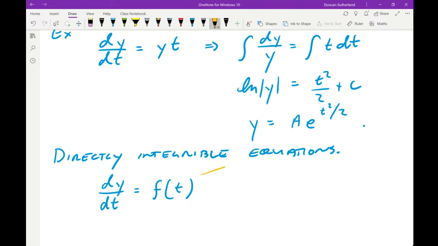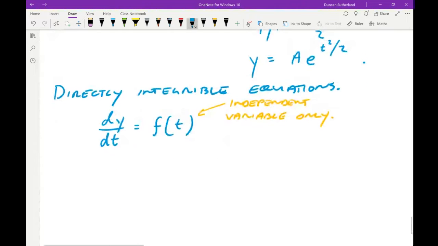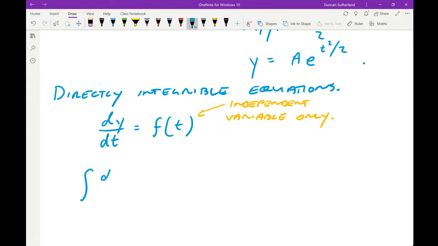If you've got a function of the independent variable, you can just integrate both sides with respect to t.